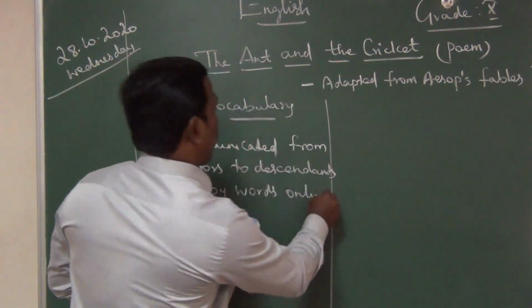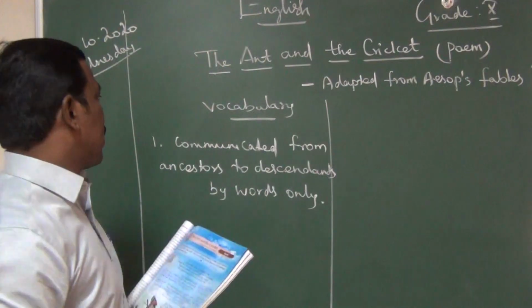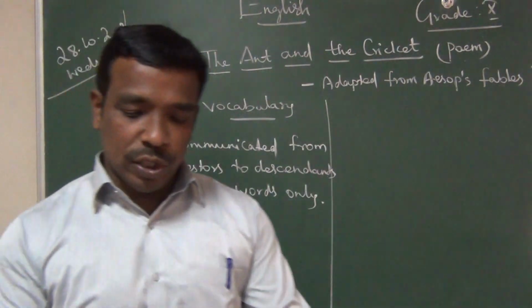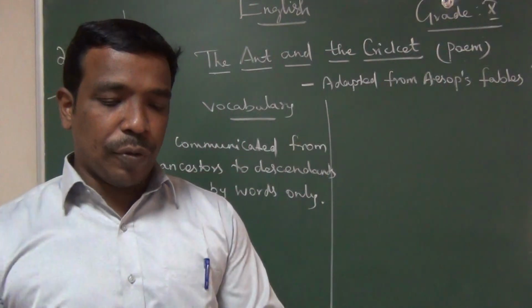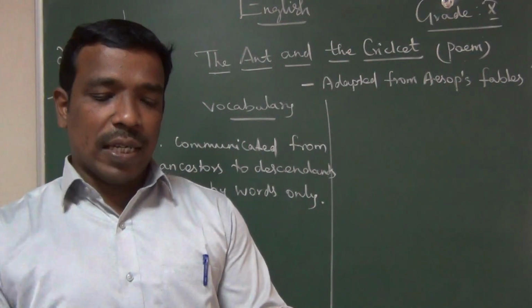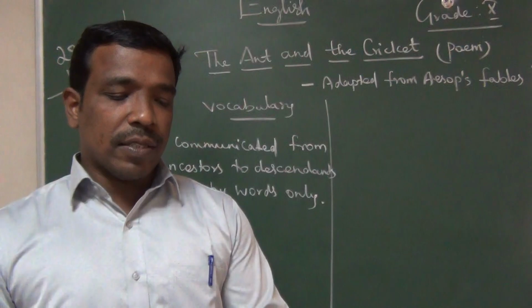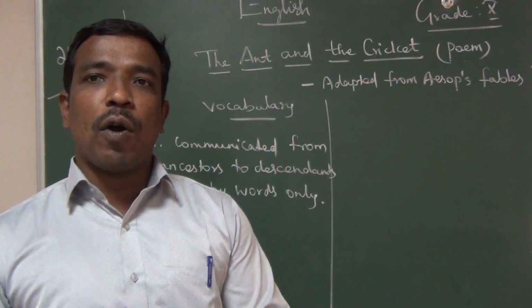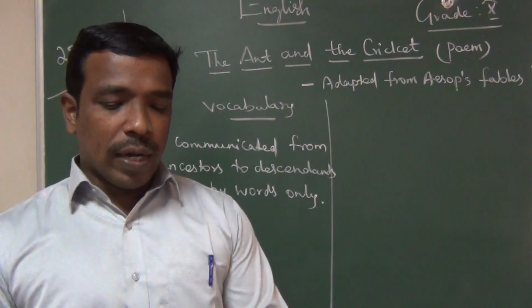Oral communication. Only orally they have communicated. They passed it from one generation to the next generation. That is called a traditional story that teaches a moral lesson. Usually the characters in the fables are animals. The poem The Ant and the Cricket teaches us the importance of hard work and planning.